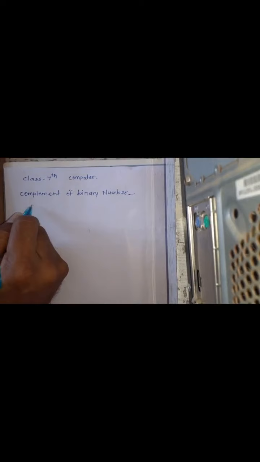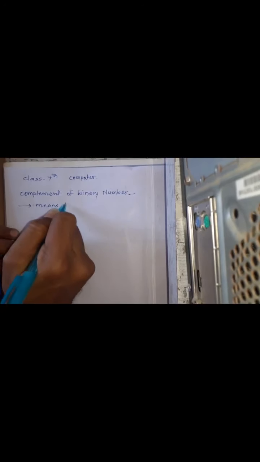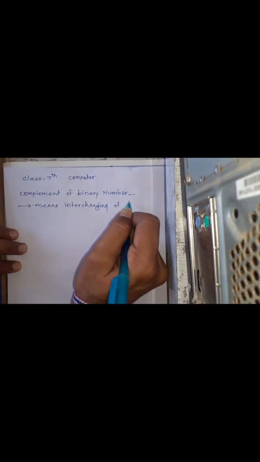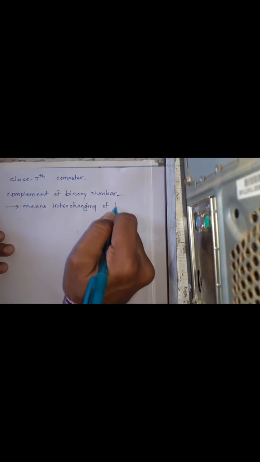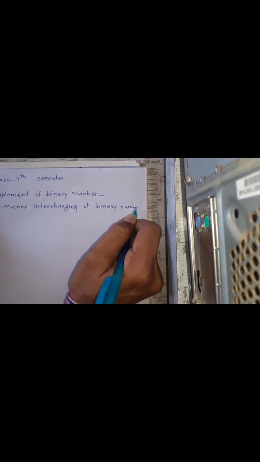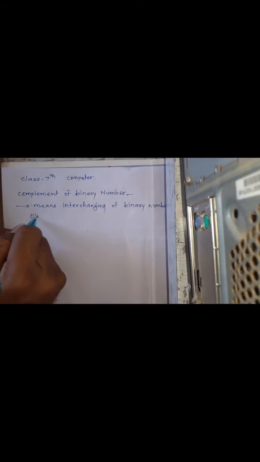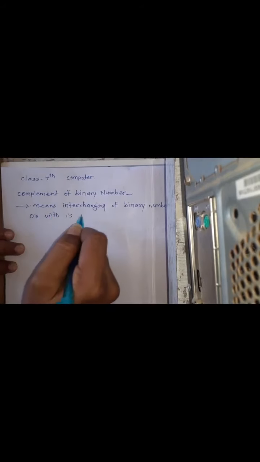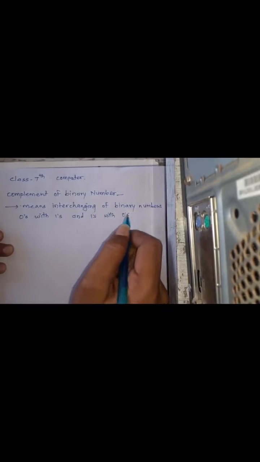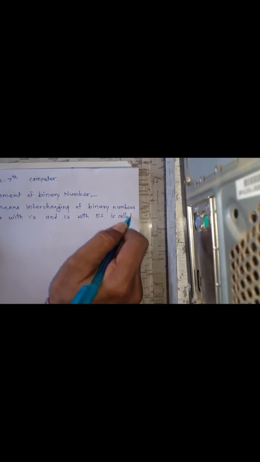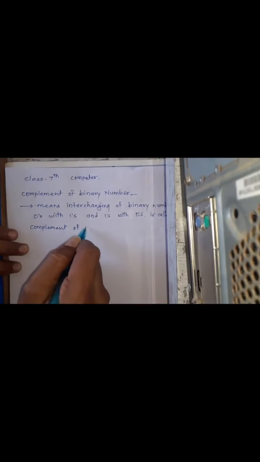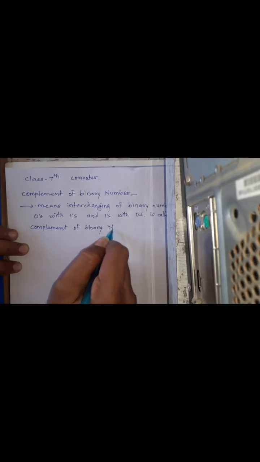See, complement means interchanging of binary numbers, zeros with ones and ones with zeros, is called complement of a binary number.